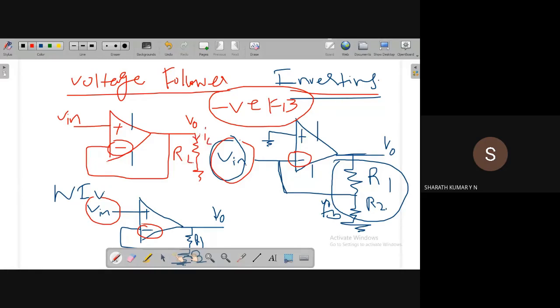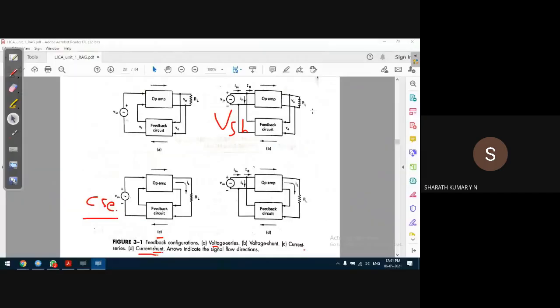IL flows through RL. In this case, guys, observe this: IL flows through this resistance connected to the output terminals. So this current flows from the output terminal through the load resistance and goes to the feedback network.